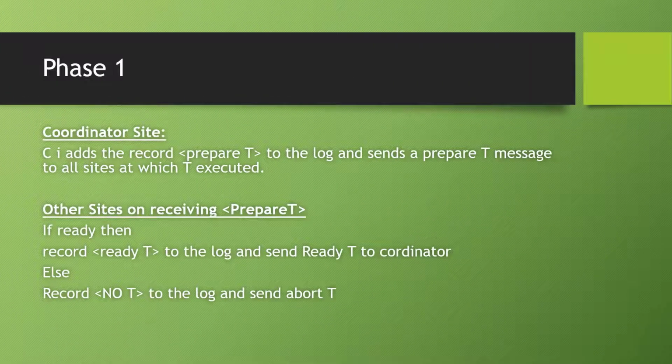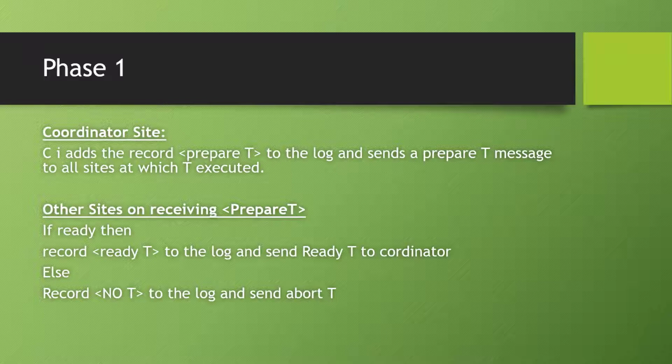Now let us see phase 1 of the two-phase commit protocol. Before that, let us understand that there are two important kinds of sites. One is the coordinator site. A coordinator site is the site in which the transaction request has originated.